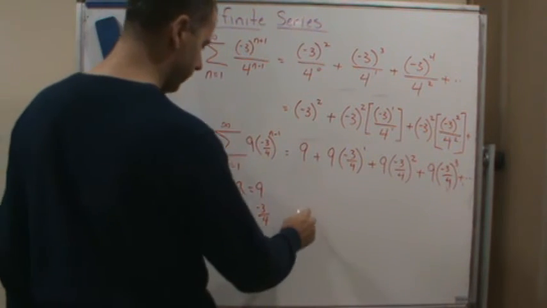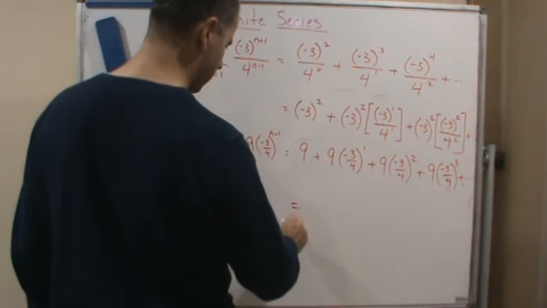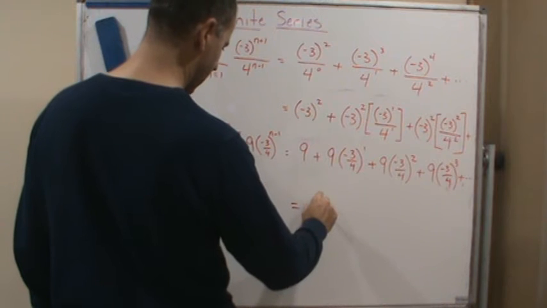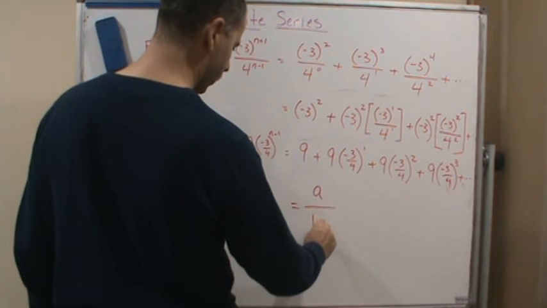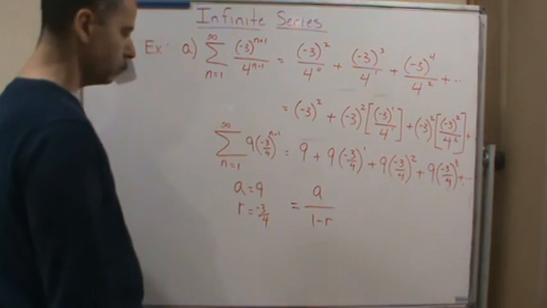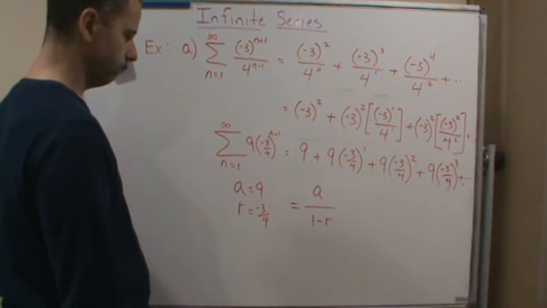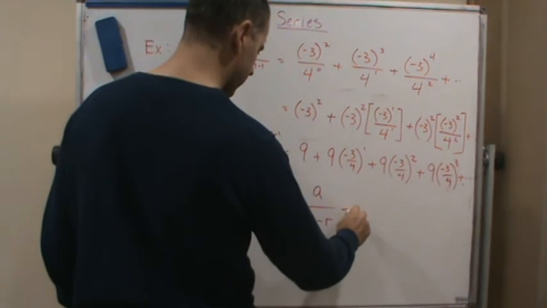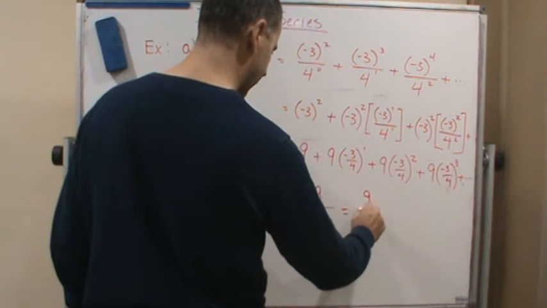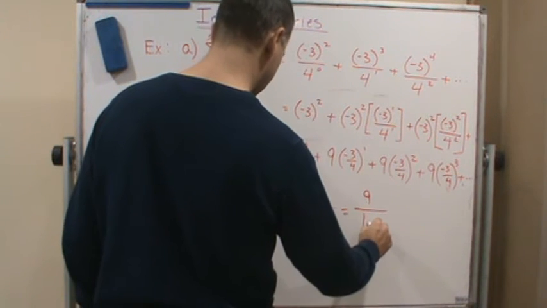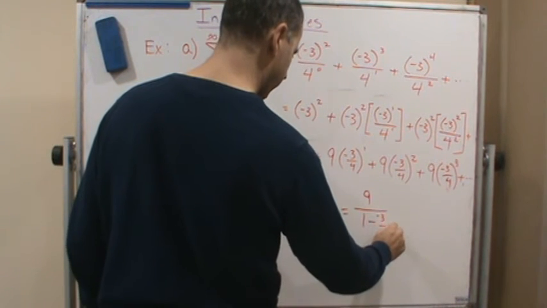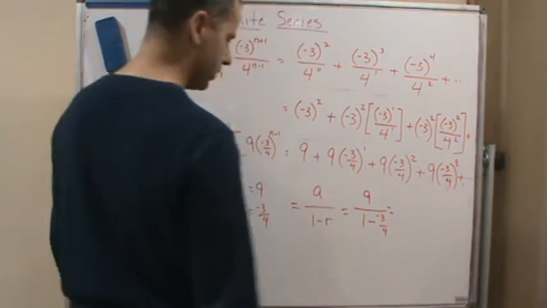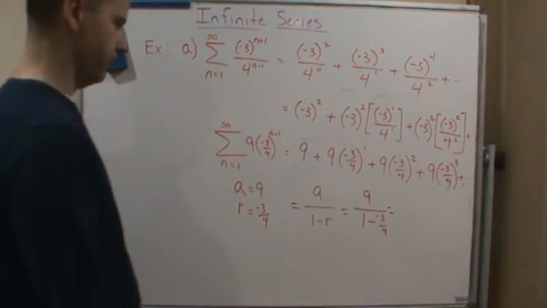And so what does it converge to? It converges to A over 1 minus R, right? And so this is going to equal 9 divided by 1 minus negative 3/4, which is 1 plus 3/4.